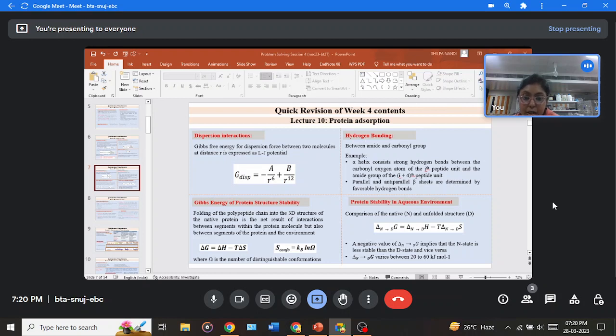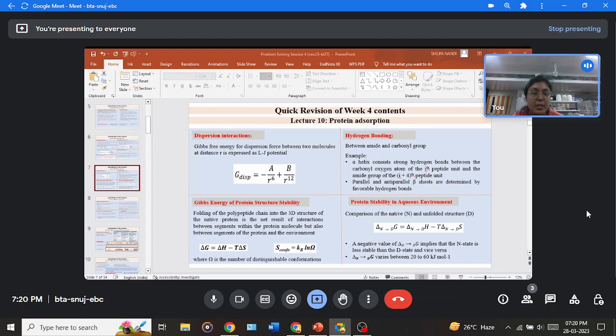And next, the entropy of conformation, S conformation, is given as Kb ln pi, which is the number of distinguishable conformations. Kb is the Boltzmann constant here.